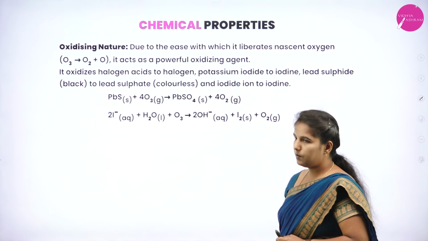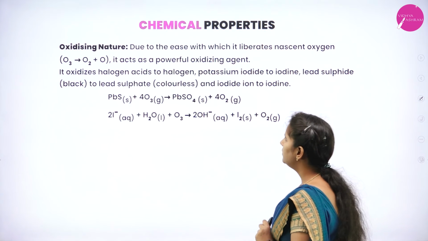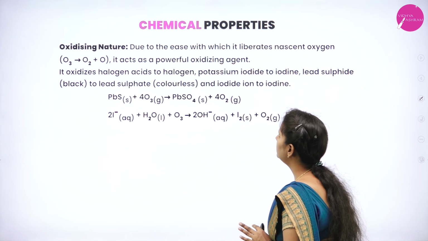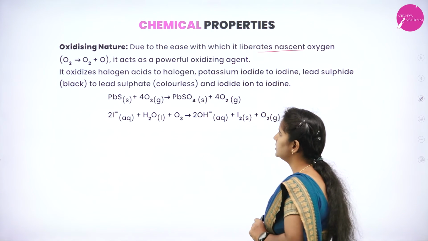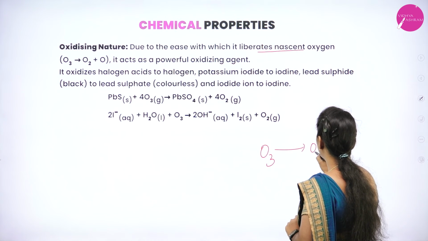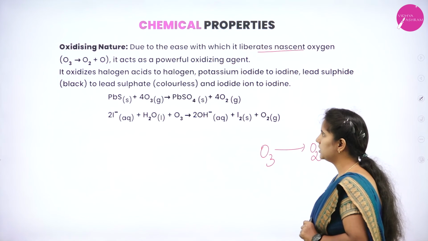Coming into the chemical properties, they are usually oxidizing in nature. We'll see how it oxidizes in reactions. Due to the ease with which it liberates nascent oxygen, ozone can give us oxygen as well as nascent oxygen liberation.